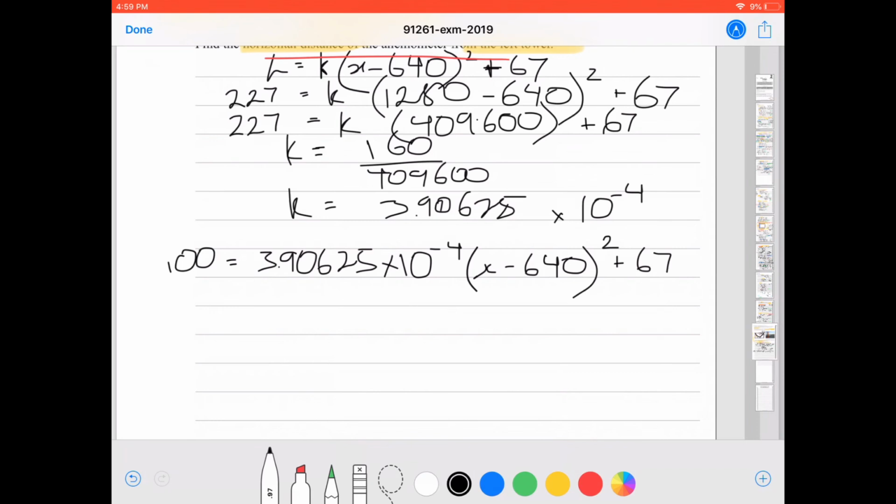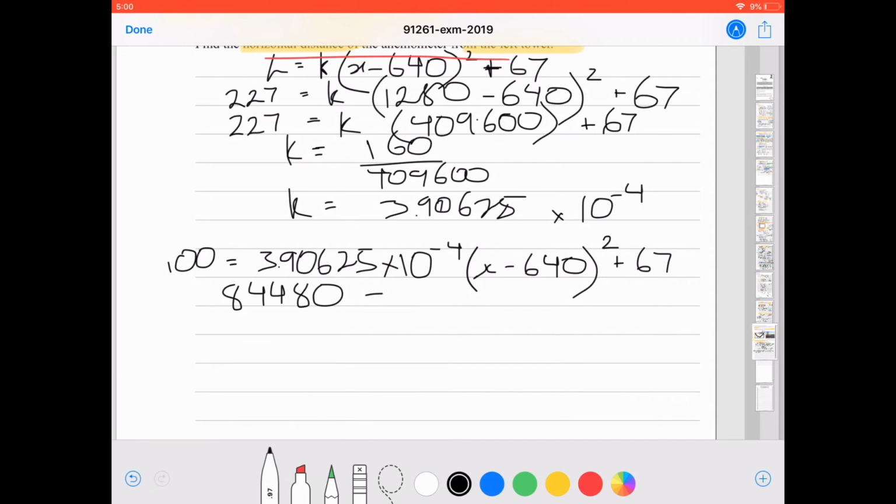So let's take the 67 to the left-hand side. 100 minus 67, that is 33, and we'll divide it by the value for k, 3.90625 times 10 to the negative 4. That equals 84,480. I'm hoping that's correct. 100 minus 67, yep. Divide by that. Okay, yep.